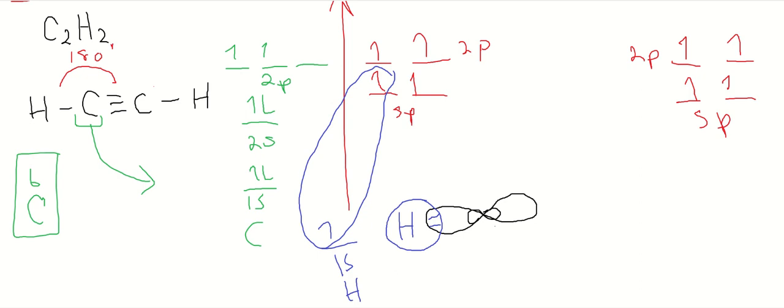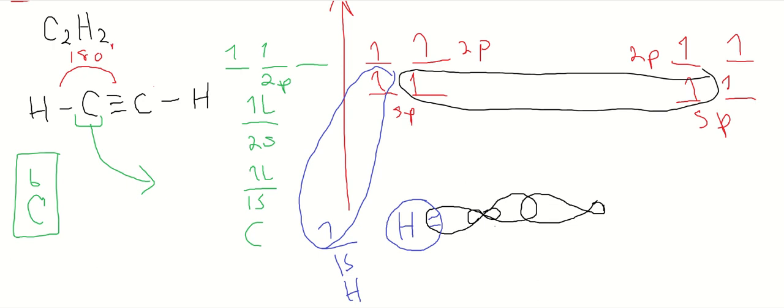All right, so now I'm going to draw these two sp degenerate orbitals. So there's my central carbon. Okay, so that is overlapping with that. That's a sigma bond. All right, so those are my 2 electrons in there. Sigma bonds again are bonds along the internuclear axis, so like head on.